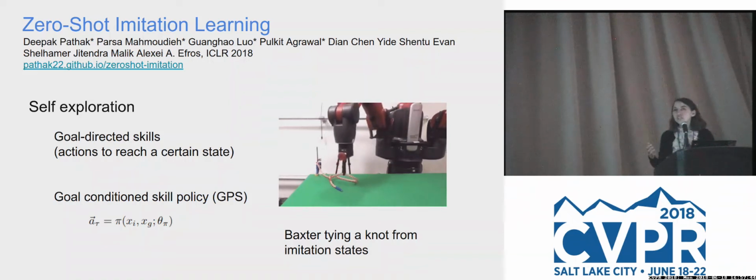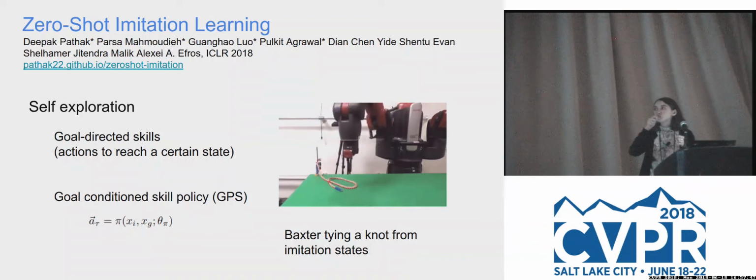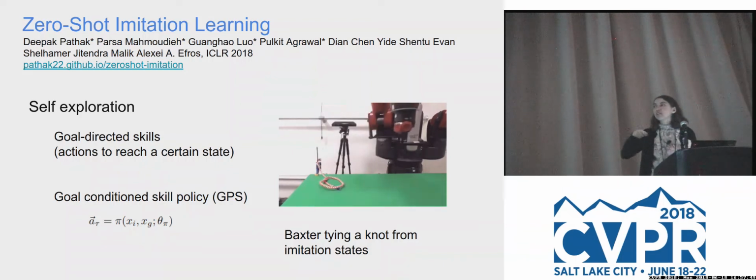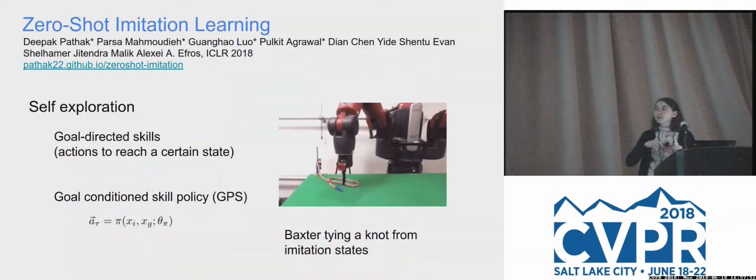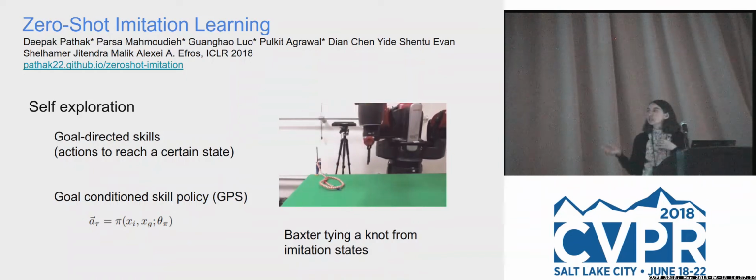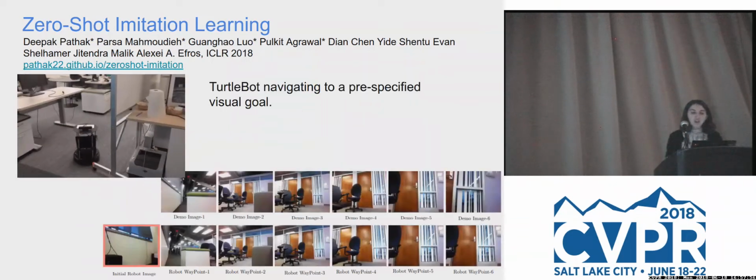Once they have it, they first learn it for one step, and afterwards they learn it with an RNN for multiple steps, to obtain multiple actions from one state to the other.